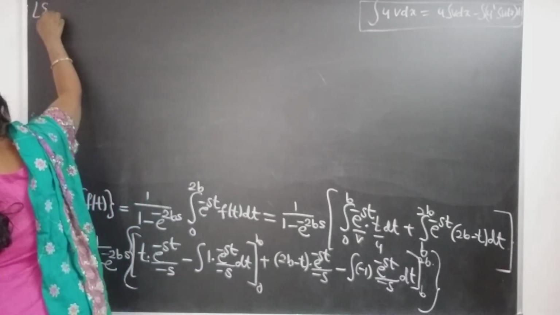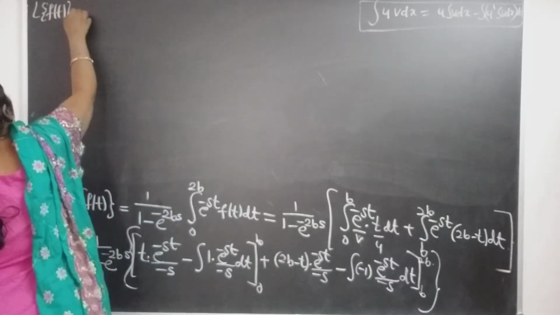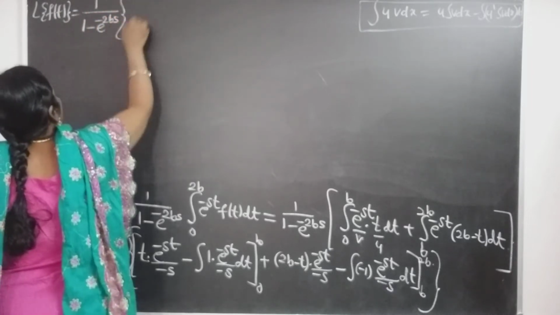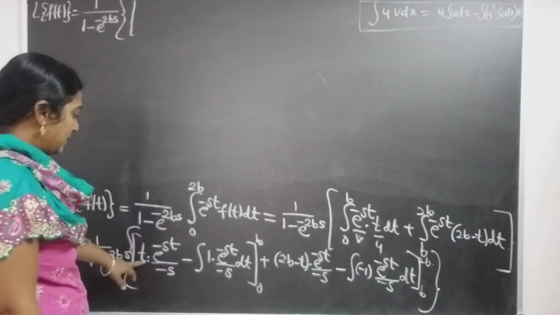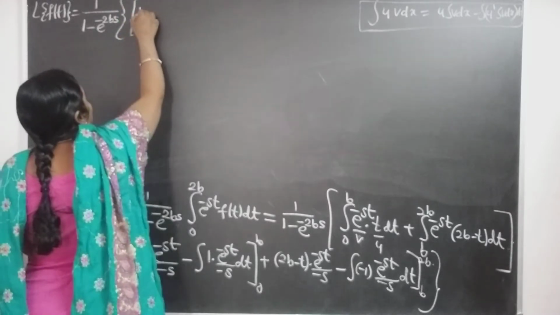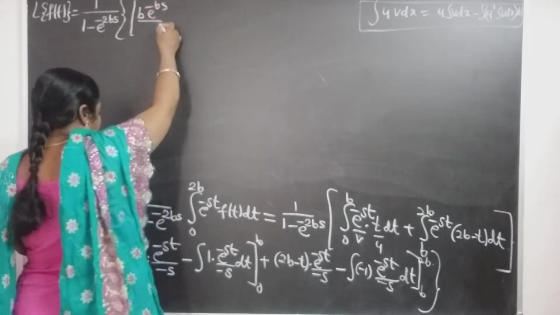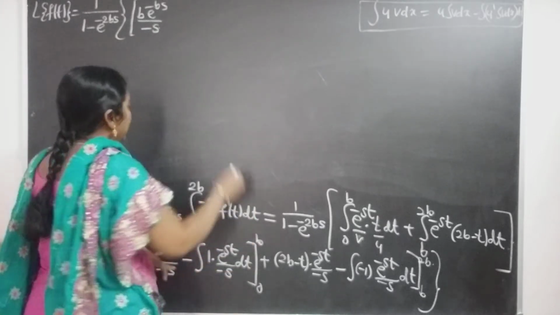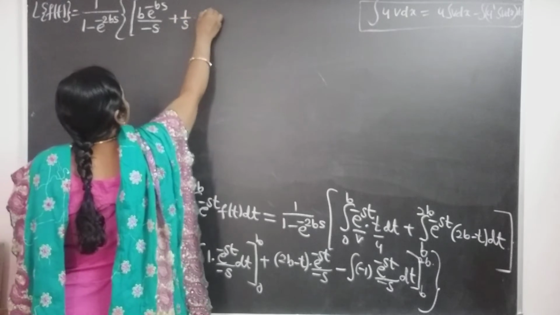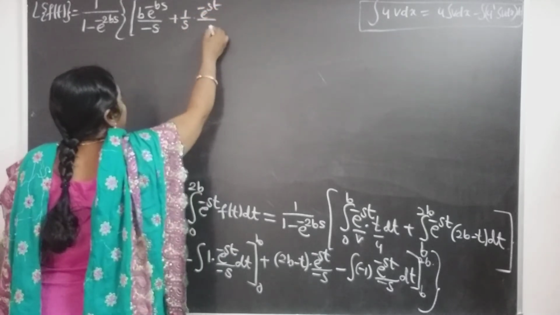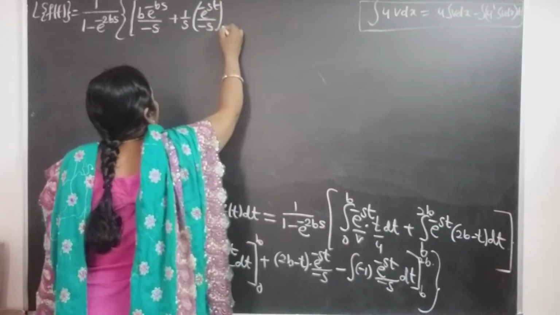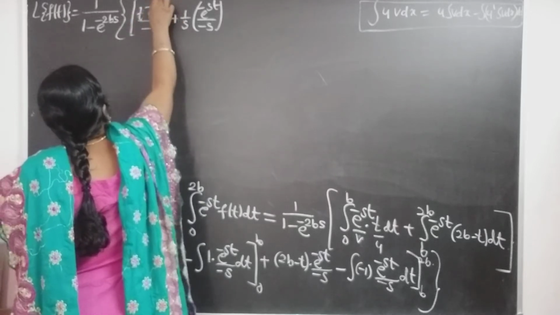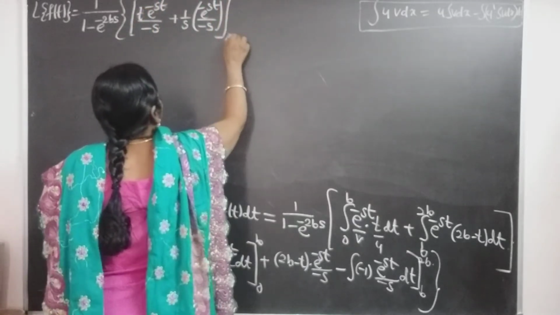That is L of f of t is equal to 1 by 1 minus e power minus 2bs, and applying the limits, the upper limit is b. The first integral is b e power minus bs by minus s, minus into minus plus 1 by s, again e power minus st integration is e power minus st by minus s, with limits from 0 to b.